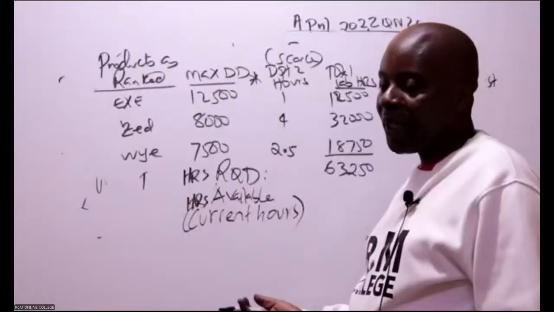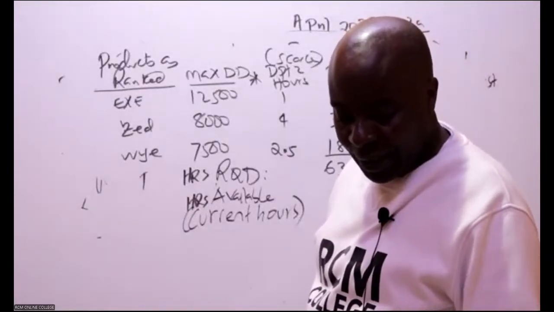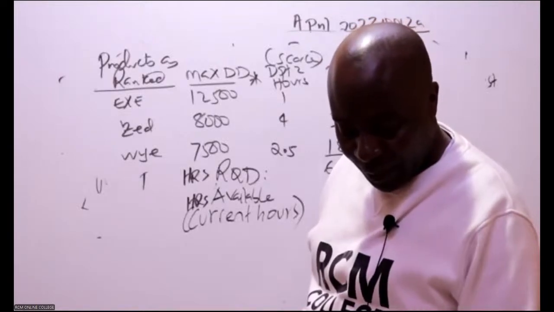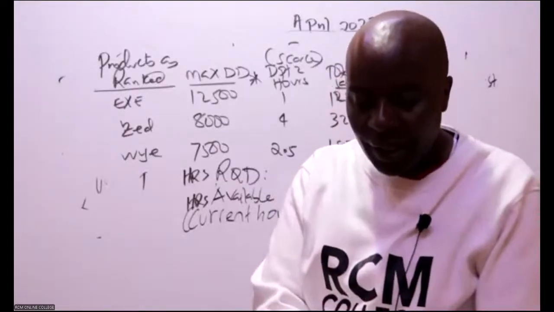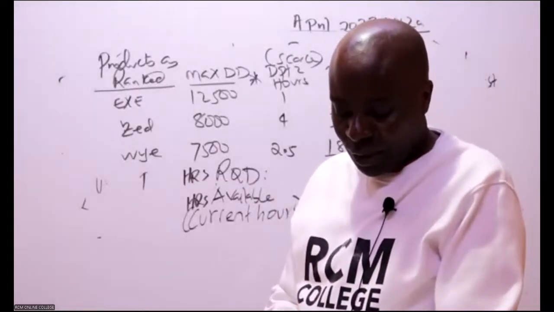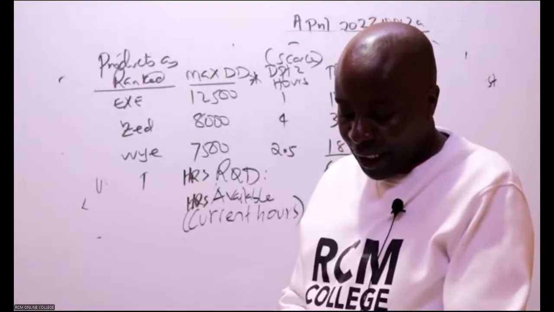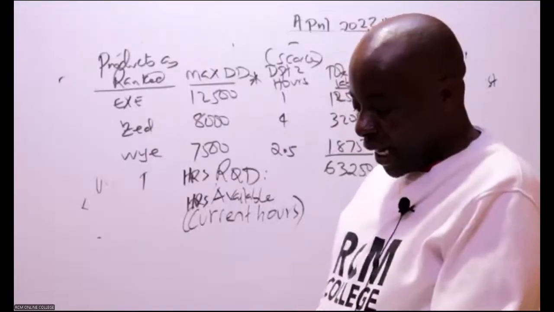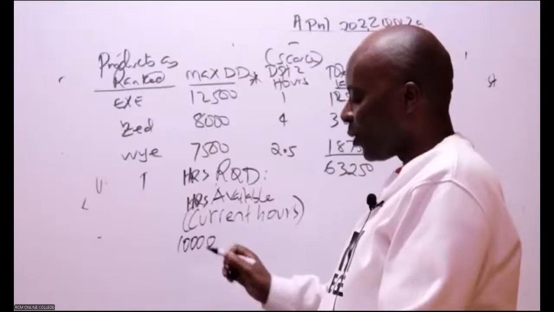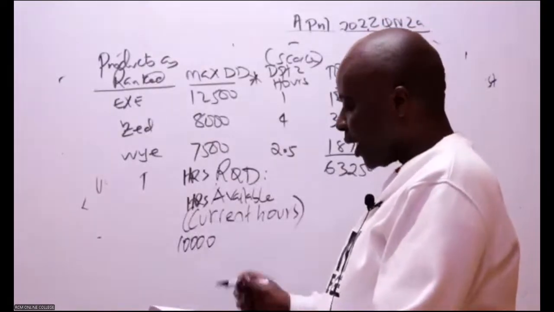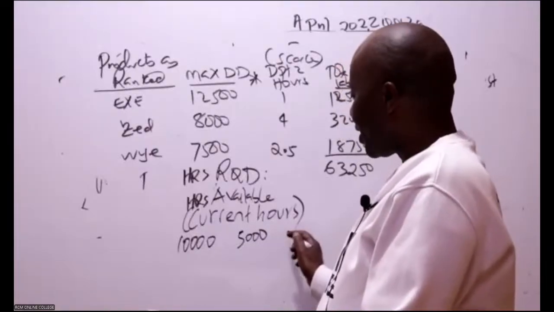So use current output. If you see there is a place where they have given you the current output, at the very beginning, first paragraph, they have given you the current production: X is 10,000, Y is 5,000, and Z is 6,000.